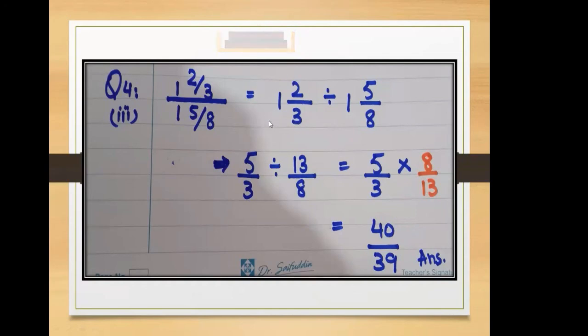First we have to convert them into common fractions, and then simply convert the division sign into multiplication. Take the inverse of 13 over 8, it becomes 8 over 13. Now cancellation is not possible. Simply multiply it. 5 times 8 becomes 40 and 3 times 13 becomes 39.